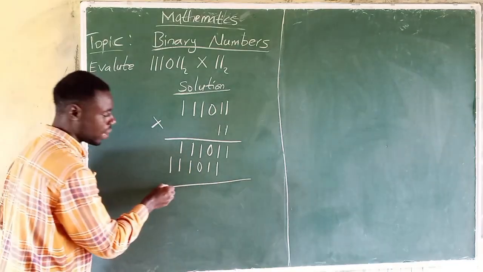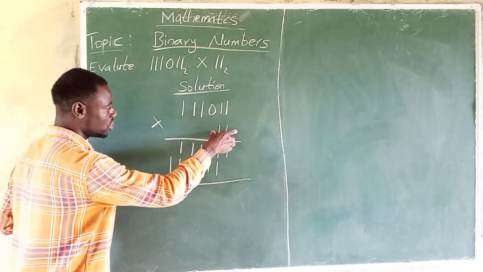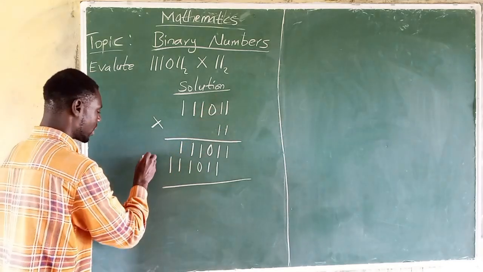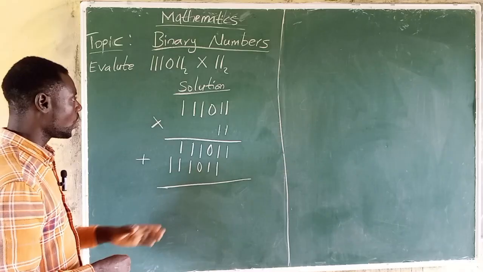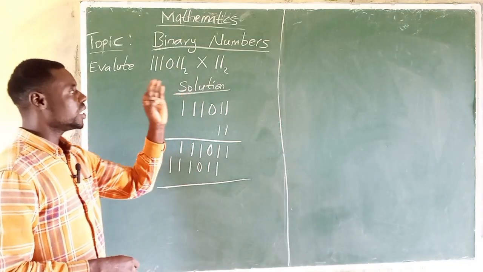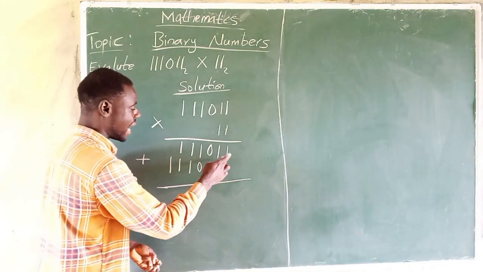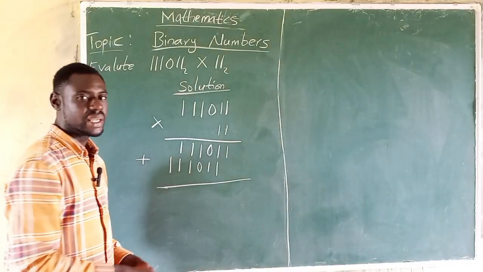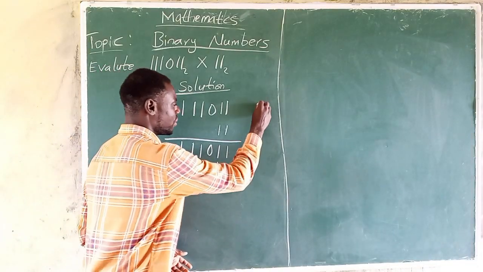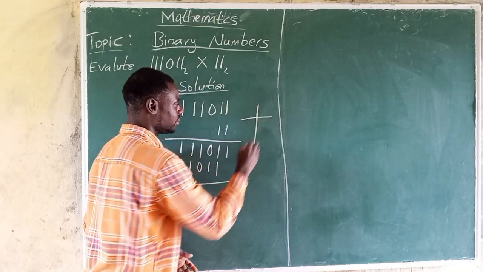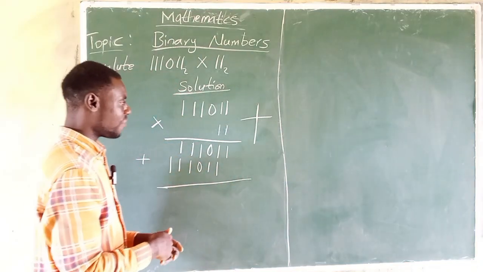So at this point, after you have used this value to multiply, you have to add. Now, in binary numbers, since it is in base 2, when 1 is added to 1, it gives you 10. You can prove that using the prime factor method.